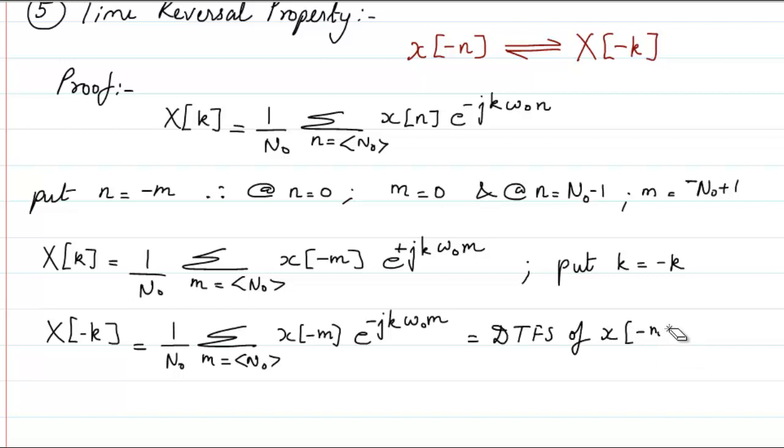Now you will be thinking, why should I write n? m is just a name that we are giving, any variable. Hence the DTFS of a sequence whose time axis is flipped is the original frequency plot also getting flipped. Hence proved.